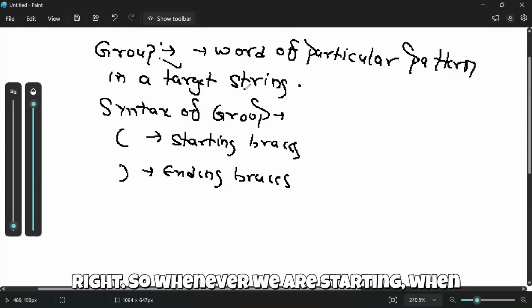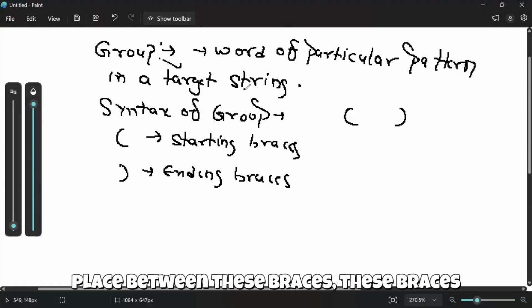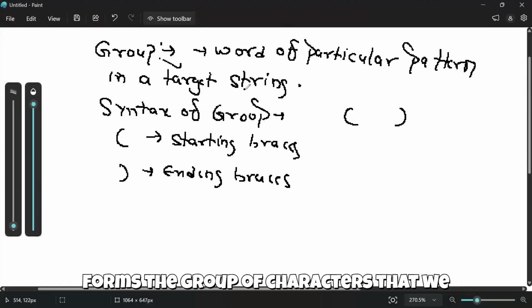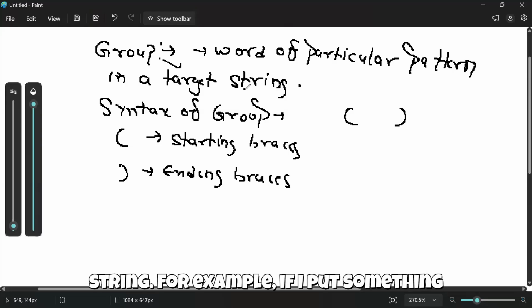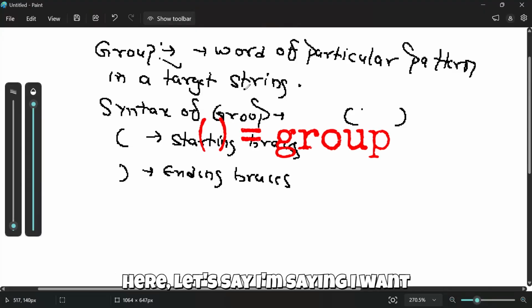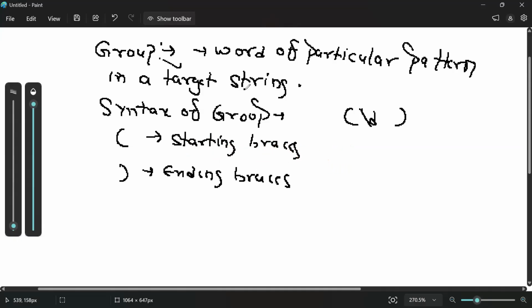Whatever characters we place between these braces form the group of characters that we are trying to search in a target string. For example, let's say I want to search D, and then I want to search W.